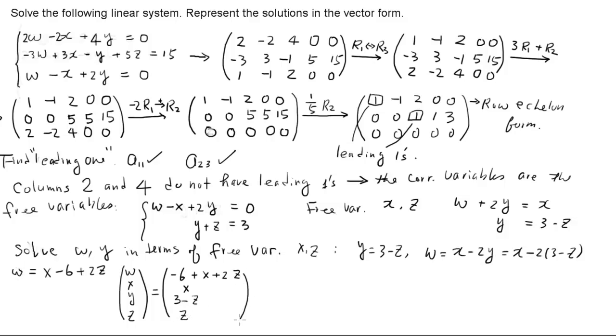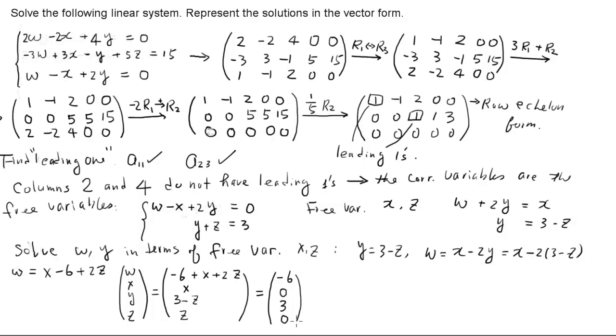Now we decompose this vector according to the constant vector, which is -6, 0, 3, and 0 again.